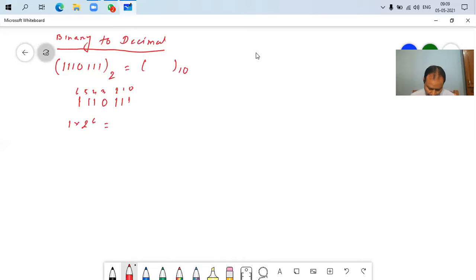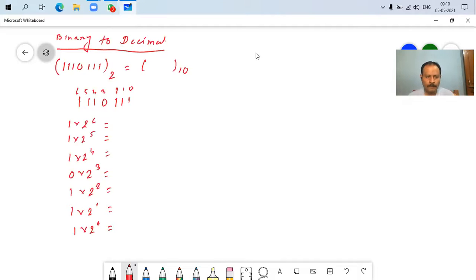Then we need to write the product of these.